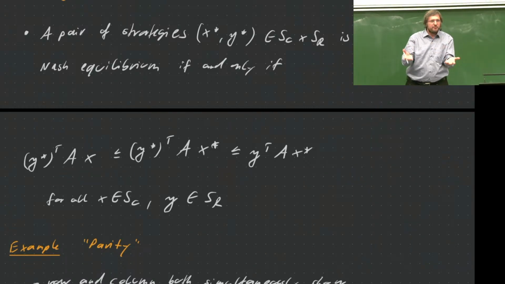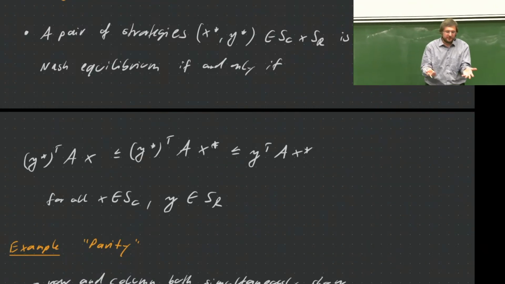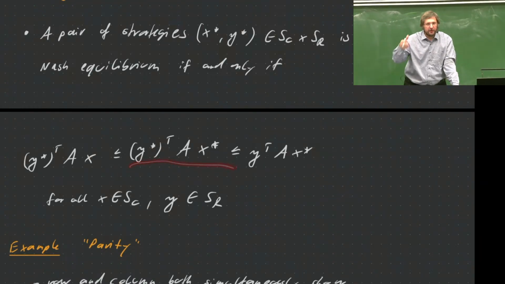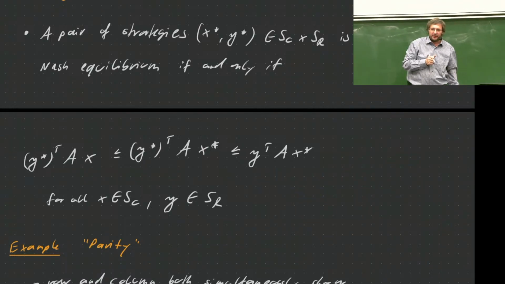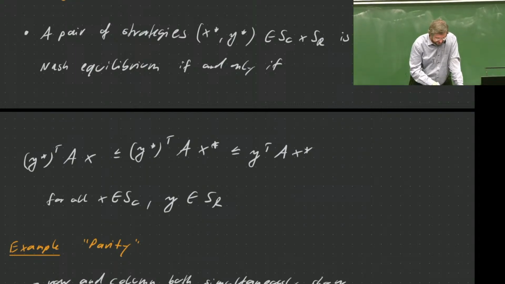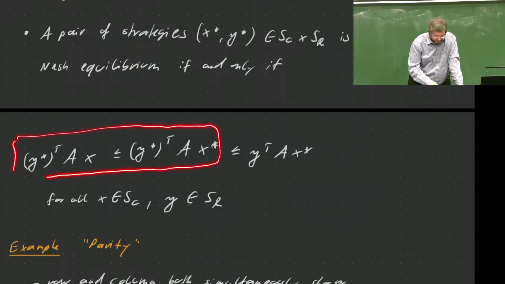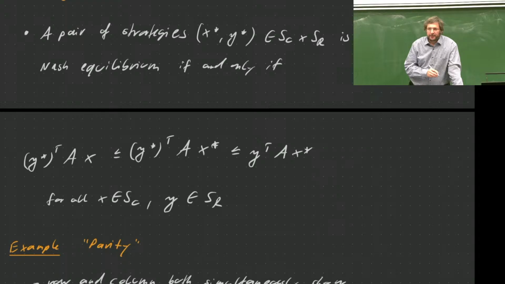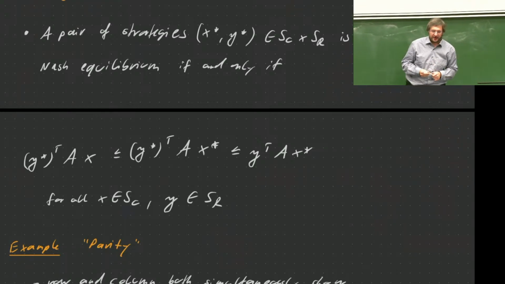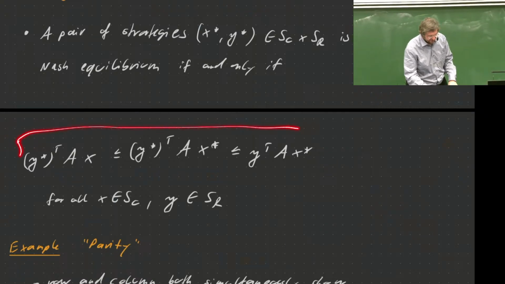The row player wants to minimize the payoff. So this is a minimum for row, given that column plays X star, right? So that's this condition, and this is the condition for the column player. The column player wants to maximize his payoff. So for any other strategy, column's payoff is less or equal to what he gets in the Nash equilibrium. Right, so you can change that characterization from the two inequalities we've had before to this chain of two inequalities.